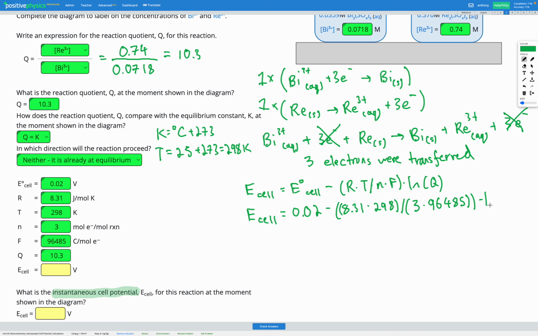And that's multiplied by ln of Q, which is 10.3. I've got 0.02 minus, and if I put all that in my calculator, I get 0.0200. So I'm doing 0.02 minus 0.02, which gets me a cell potential of 0 volts. So let's go ahead and fill that in over here.